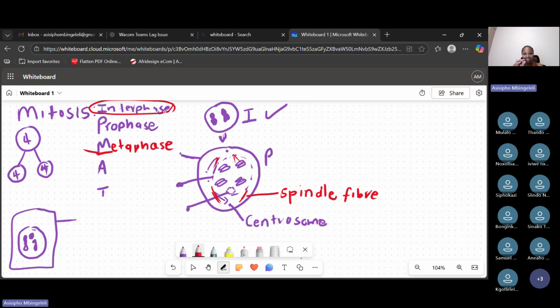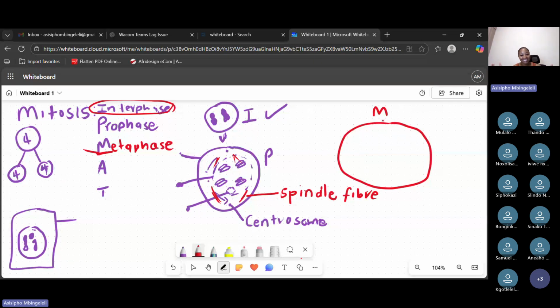Now, in metaphase, these chromosomes are going to align themselves in the M, middle of the equator. When we look at metaphase, remember, this will be the cell membrane. We're not going to have the nuclear membrane because it has disappeared. Remember, we said in prophase, it was starting to disappear.